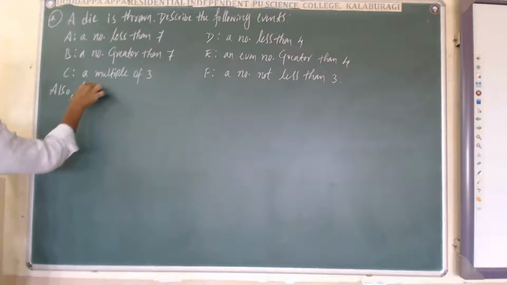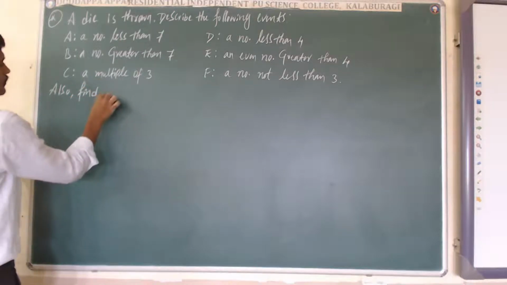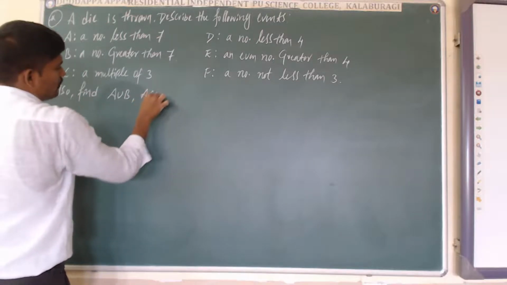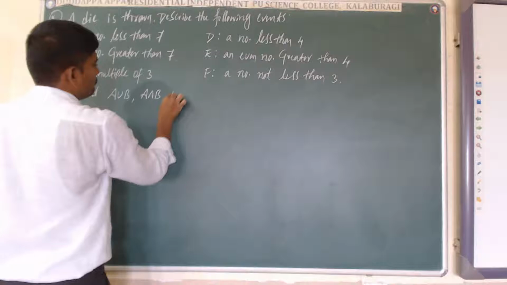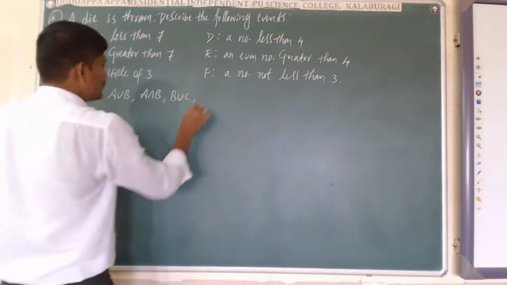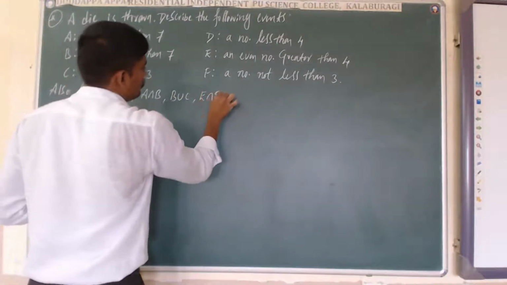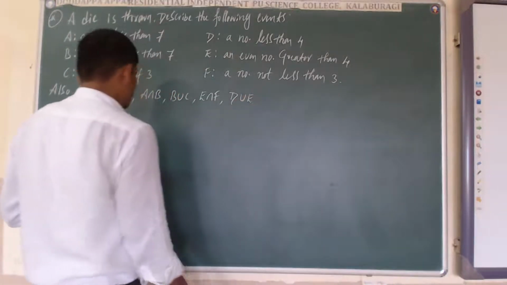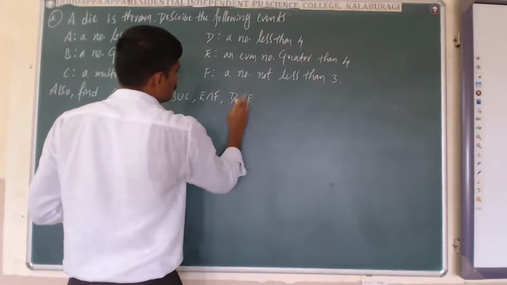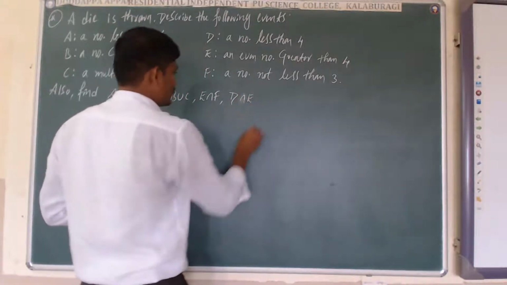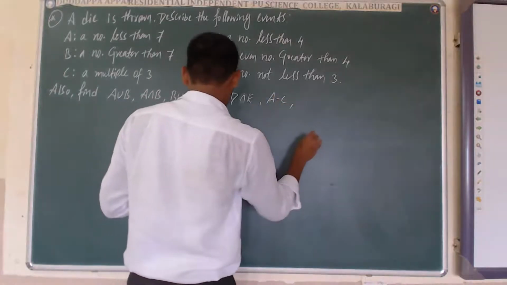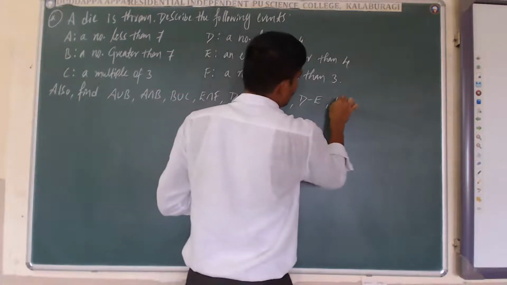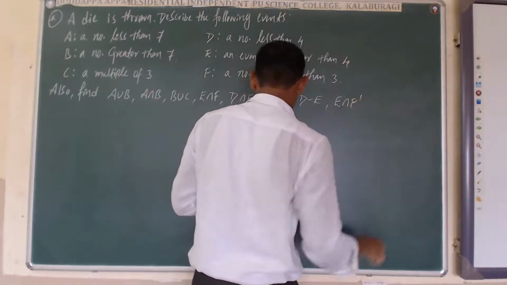Also find A union B, A intersection B, B union C, E intersection F, B union E, intersection of this. Next, A minus C, B minus E, E intersection F dash.